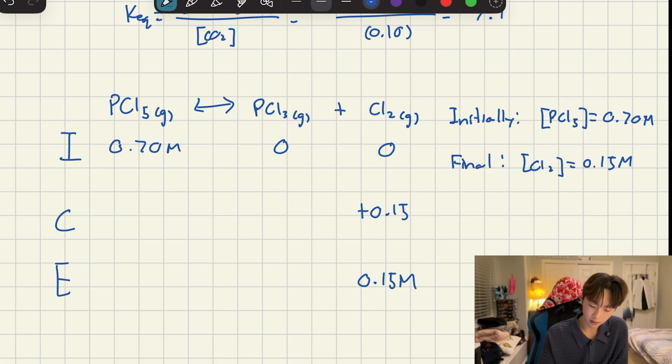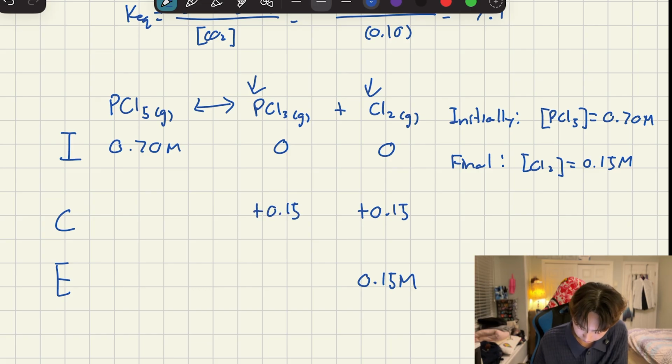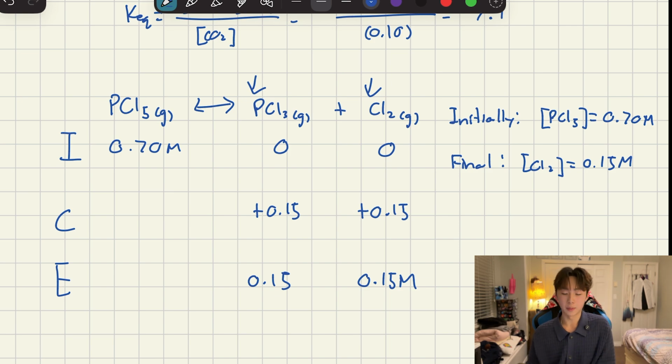And because there's a 1-to-1 ratio between the two products, it's going to do the same thing. So they're both going to go up by 0.15 molar.